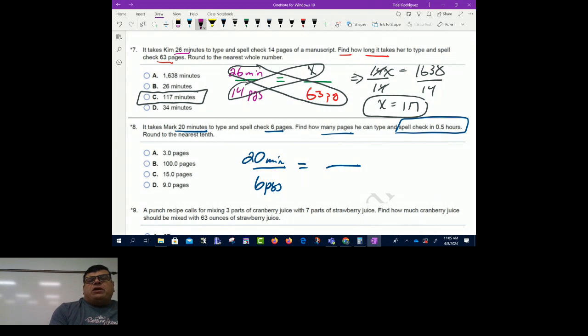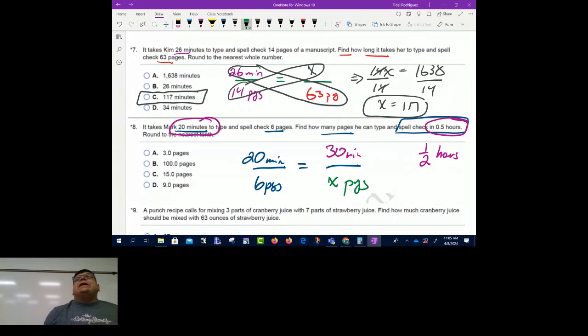Okay, y'all, first thing I want you to notice, the time they gave me was in minutes, but the time they gave me here is in hours. Isn't 0.5 the same thing as half an hour? Anybody know how many minutes are in half an hour? Okay, 60 minutes in 1 hour, but how much in half? So look, y'all, 30 minutes upstairs, and we're going to look for how many pages downstairs.